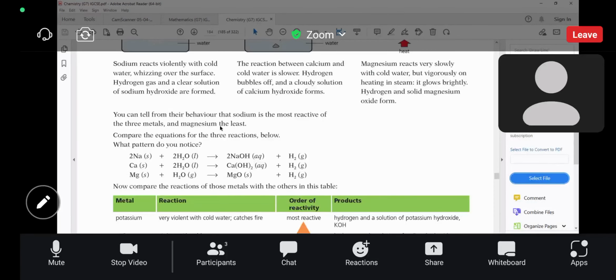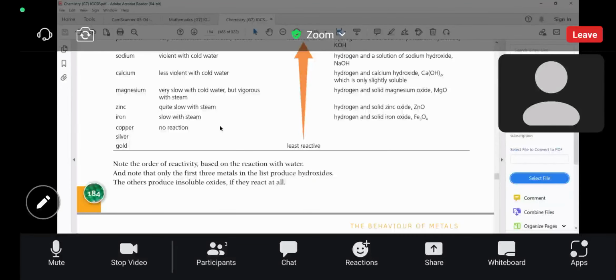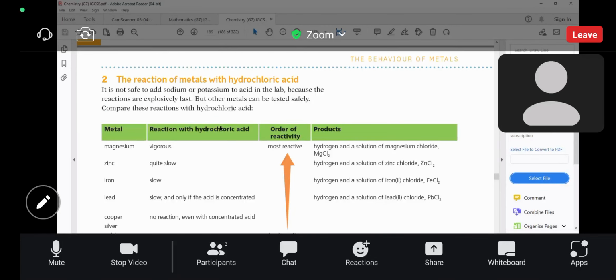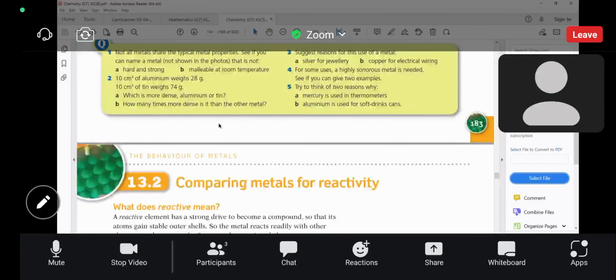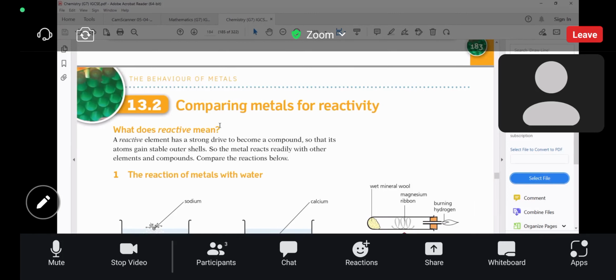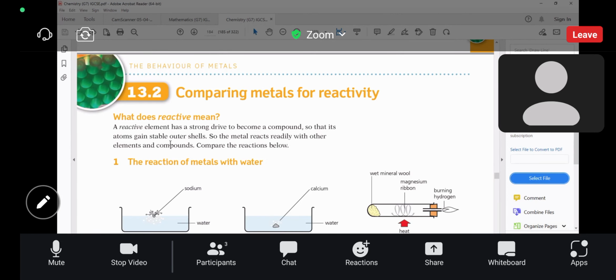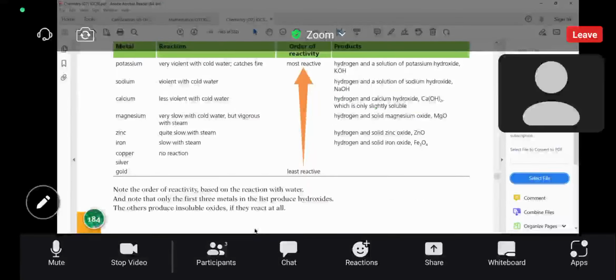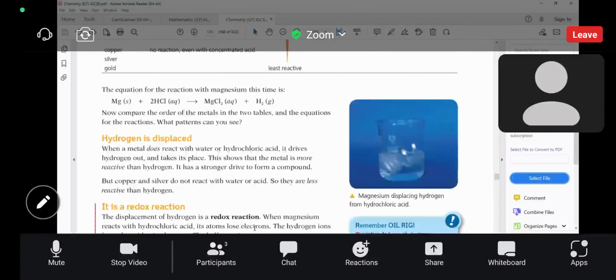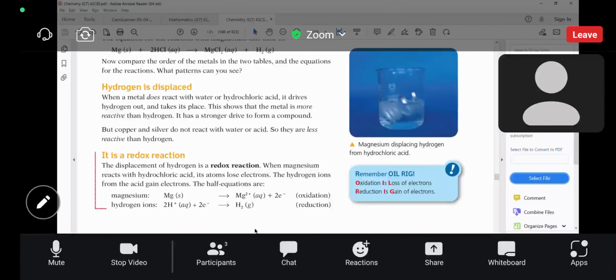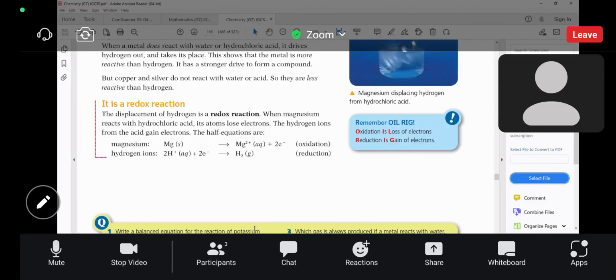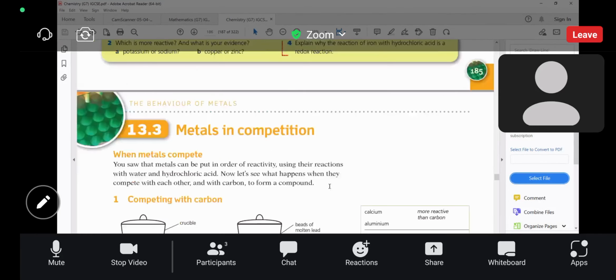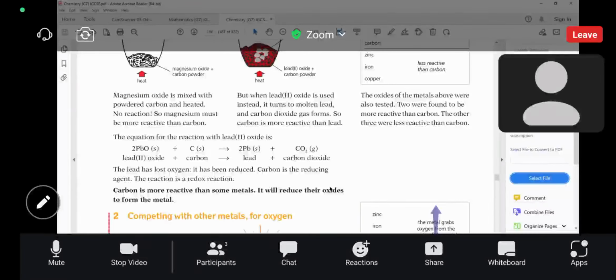Before that, let's study this, then only you can understand that part. Oxidation, reduction, you need these things.